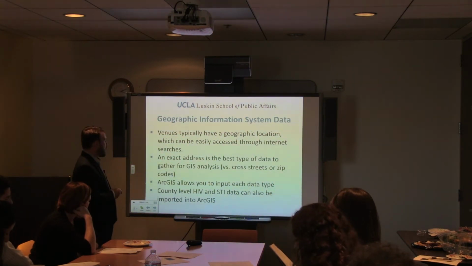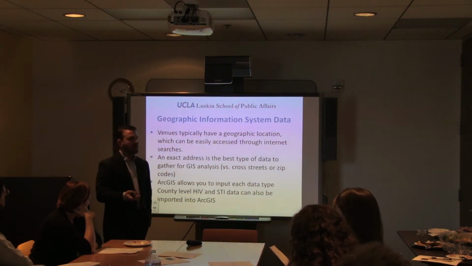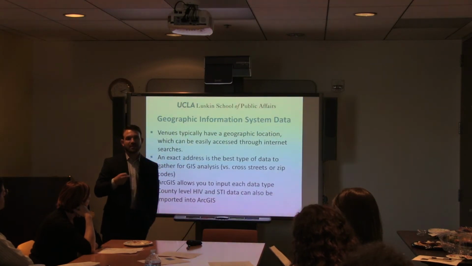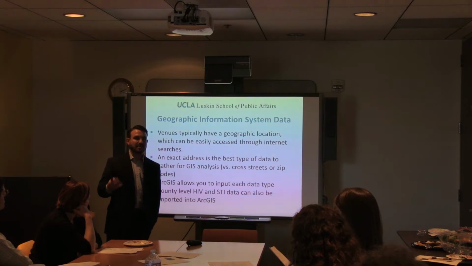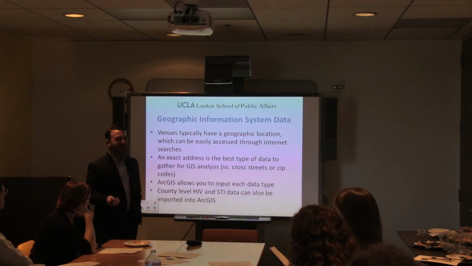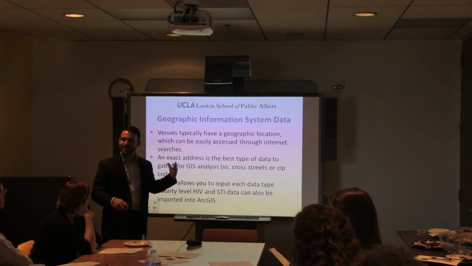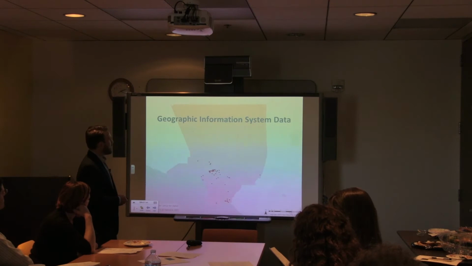The interesting thing about GIS data is that the county typically collects data linked to zip code on HIV incidence and STI incidence. So theoretically, you could get data from the county and overlay it on your GIS data with venues.